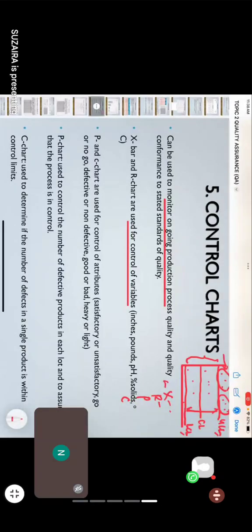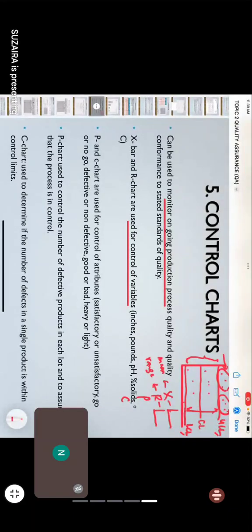X means the mean or average, whereas R means range. Mean is the average of the sample, but for range we need a set of data, from the highest to the lowest. So we have one R chart and one X chart.